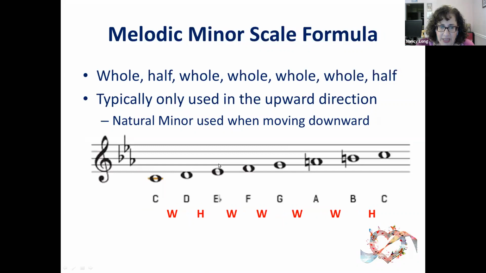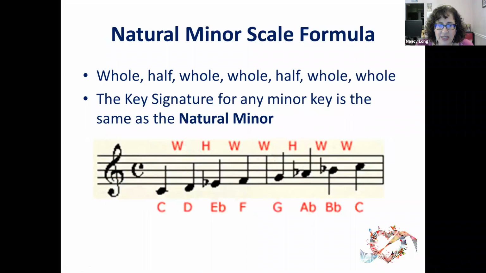Let me go back to the key signature for C minor, which is this right here. It has a B flat and an E flat and an A flat. And I didn't put it on this example here of the natural minor, but you can see it has an E flat and an A flat and a B flat. So it's natural because it is in the natural key for C minor.